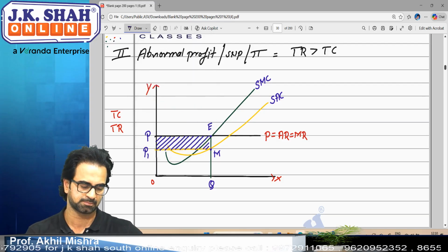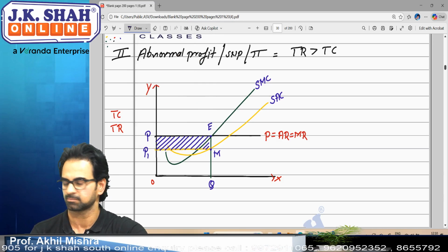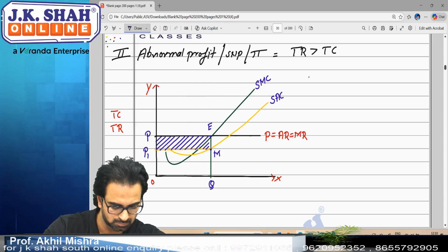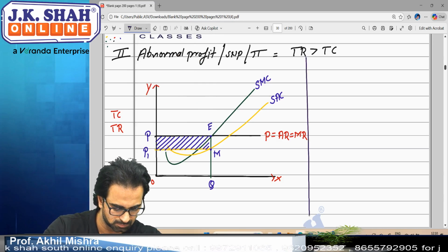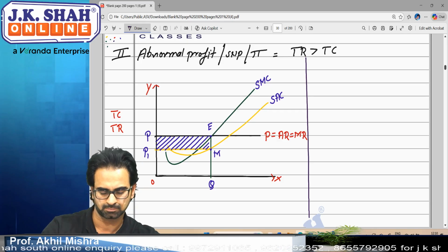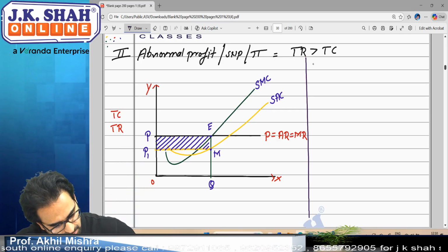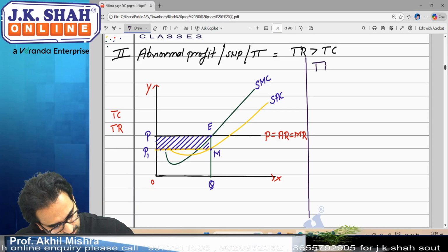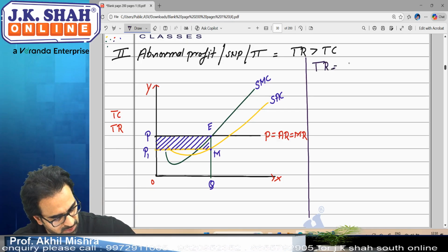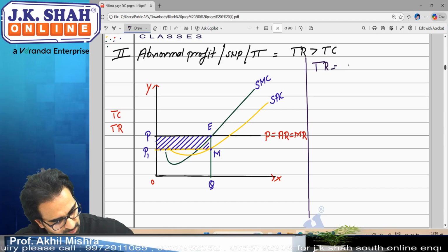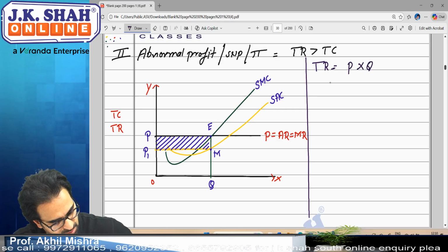So let's calculate TR first. TR is price times quantity. What's the price?